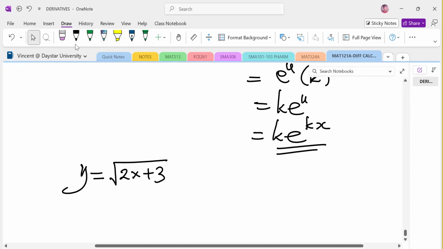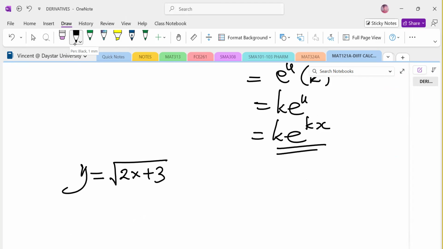So what would be the best choice for u now? Well, square root is the same as power. Let's just do it together.